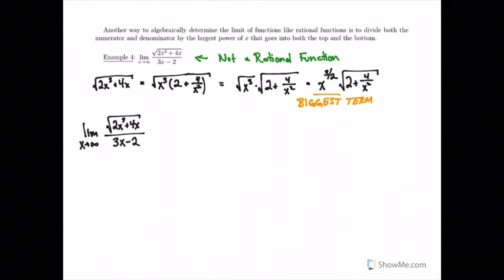And we're going to rewrite that top using that square root thing we did at the beginning. We can write this as x to the 3 halves times the square root of 2 plus 4 over x squared, all over 3x minus 2.